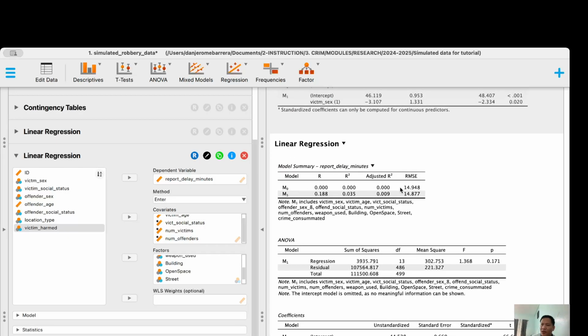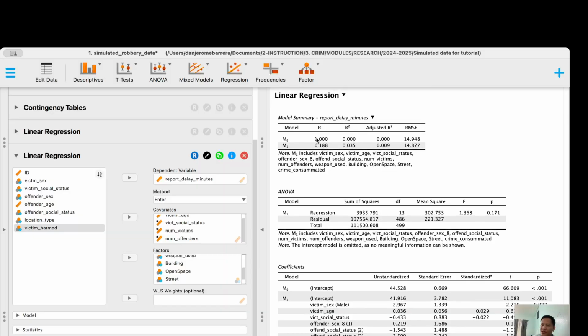For model 1 here, the R2 and adjusted R2 represent the variance of the dependent variable that is explained by the independent variables, which means the percentage of the dependent variable that is explained by the independent variables.